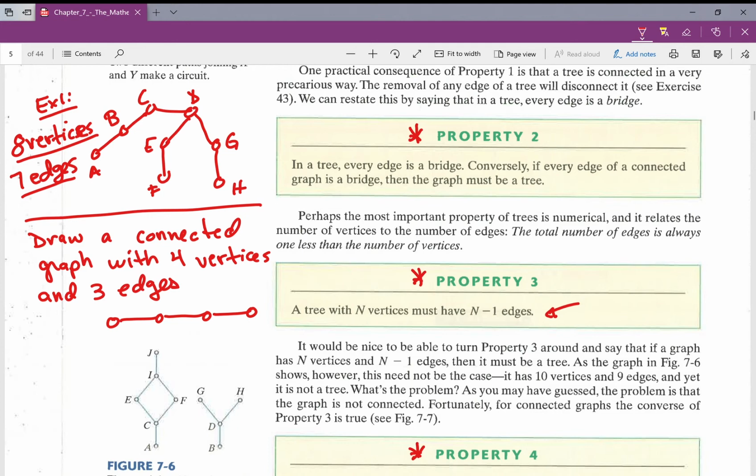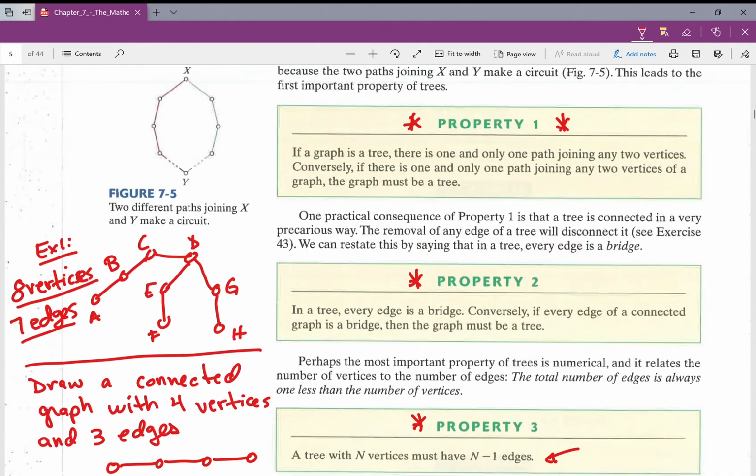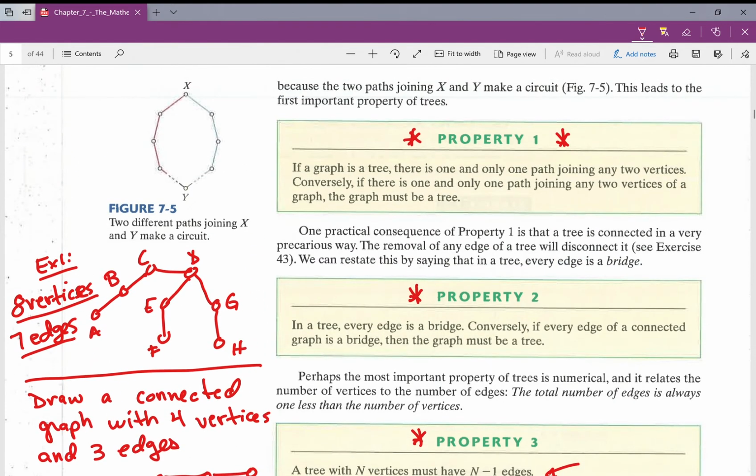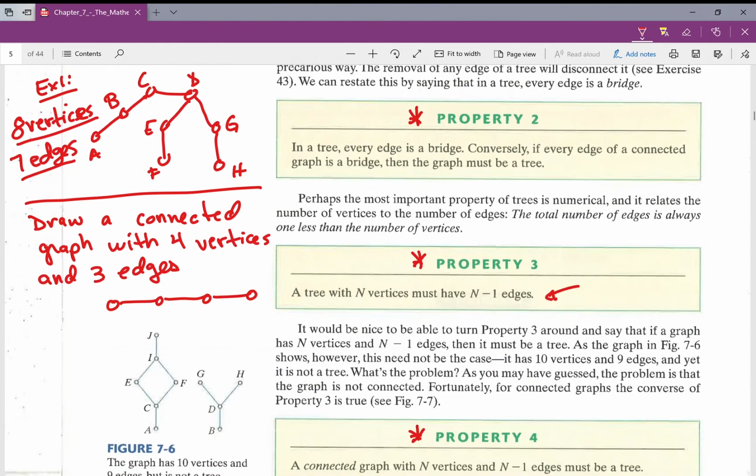We have to add something more, like it's connected, or that there's only one path joining all of the vertices. So this is a weak condition, and I say it's a weak condition because we have to add something more.